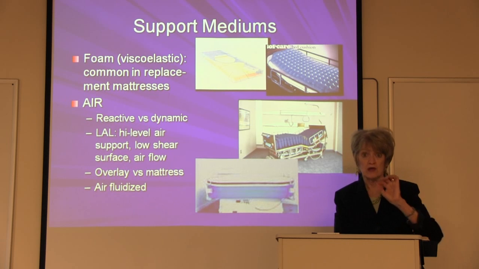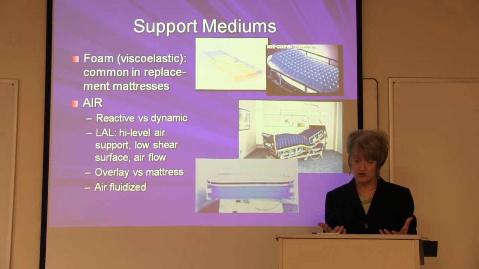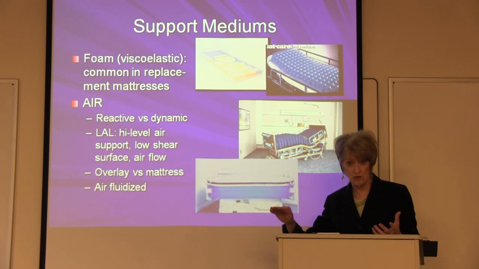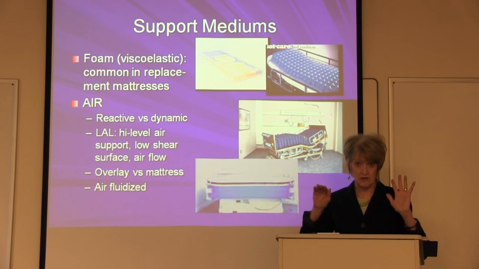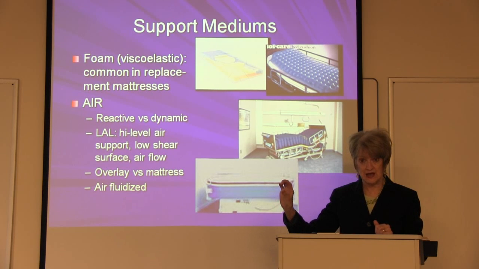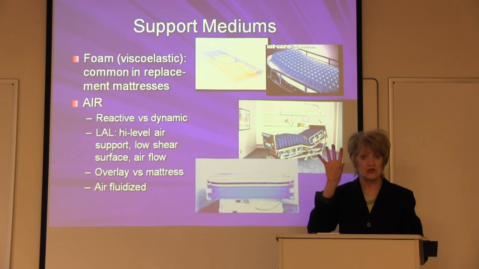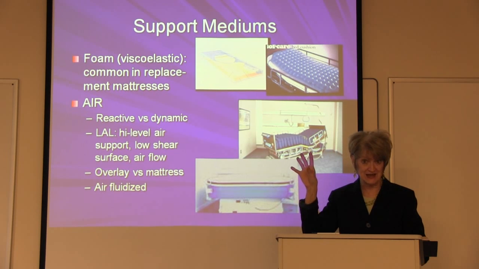In general, the term low air loss is used to refer to an air support surface that has a fairly conformable top layer so that the patient contours to a device that includes a low shear, low friction cover, and to a device that has perforations in the surface so that when the air circulates through the mattress or through the overlay, you get air against the patient's skin to keep the skin cool and dry.